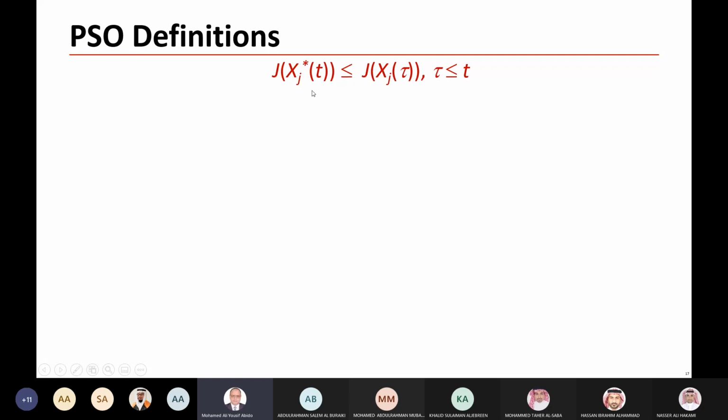Okay, so if the objective of the local best is lower than the current position, we keep the local best as it is. J here becomes J star, the local best, and equal to this. And you have here the objective function lower than, assuming this is a minimization problem, and this holds for all the iterations before this one.